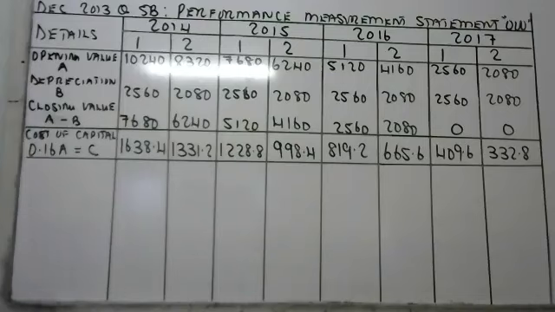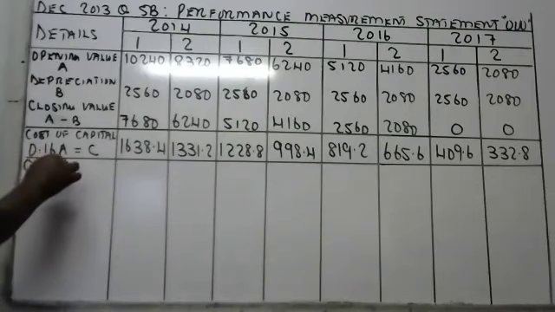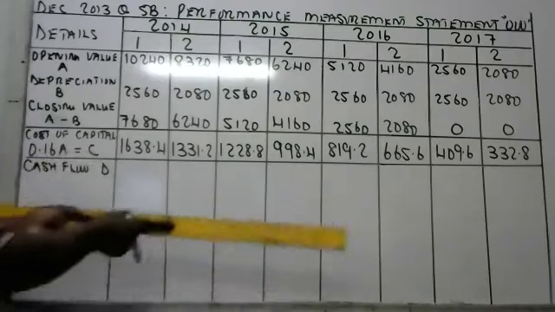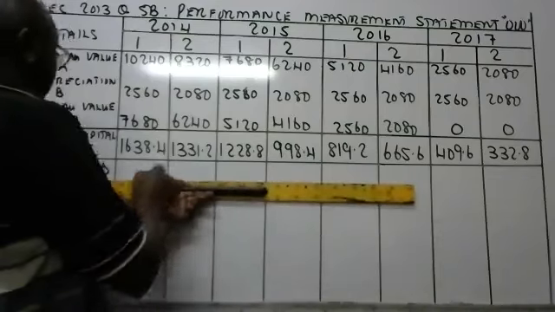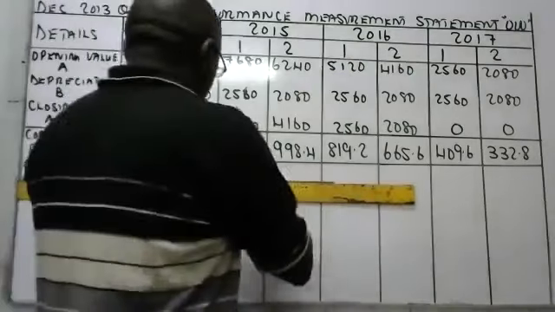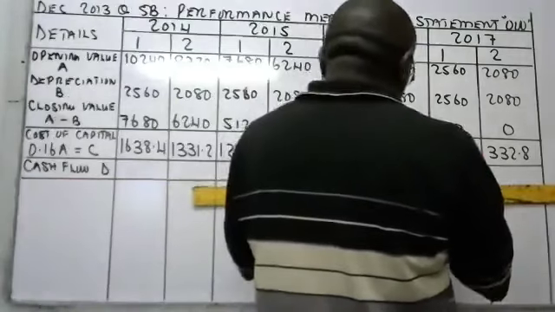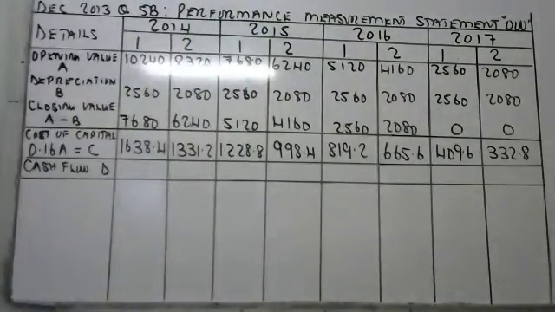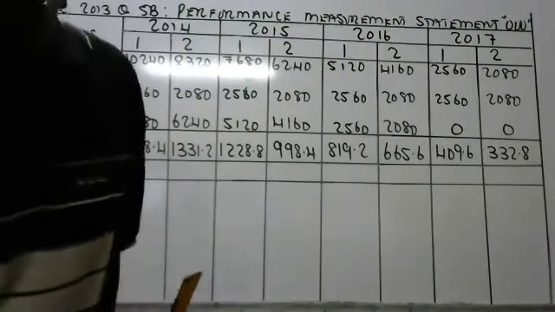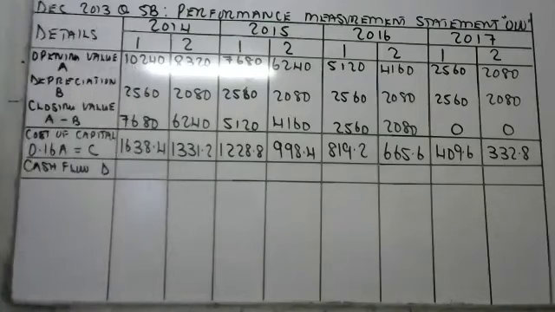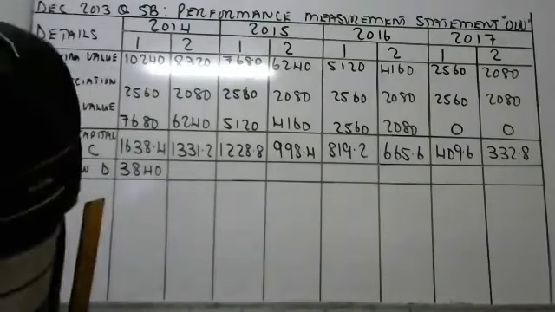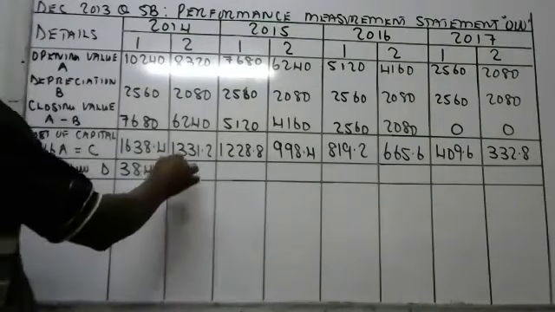Okay. The next one, we bring the cash flow, and we will call it B. We are just going to record as provided. For the first project, we have 3840. Second project, we have 4160.